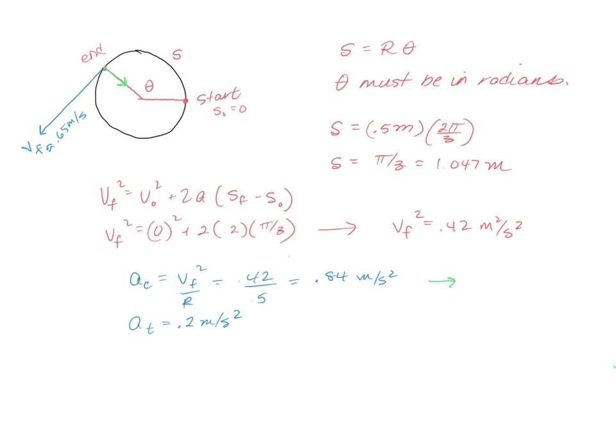The vector A has two components, a tangential component and a radial component. Now we need to find the resultant vector, which is not too hard to do, but we're going to do it on another page.